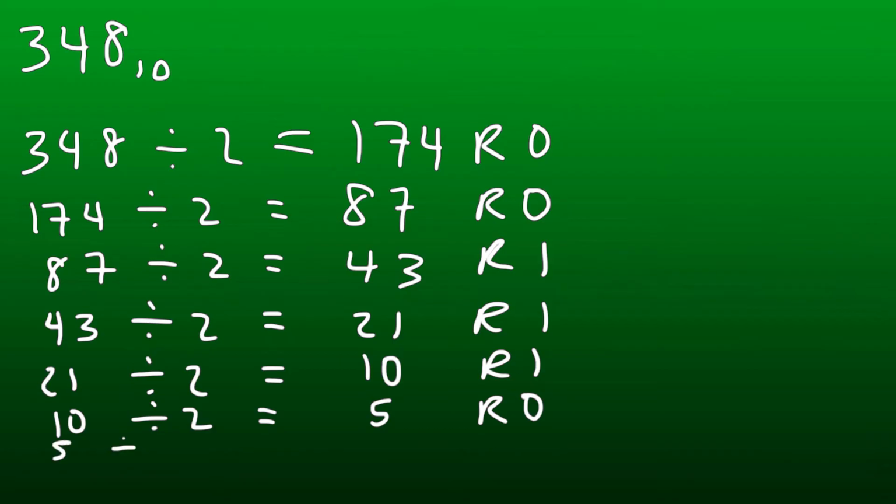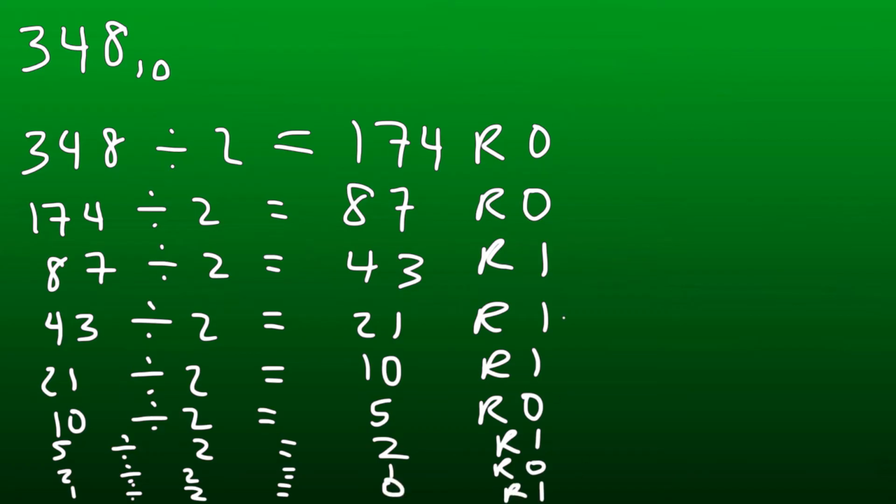And then 5 divided by 2 is 2.5, so 2 remainder 1. And then 2 divided by 2 is exactly 1, so 1 remainder 0.